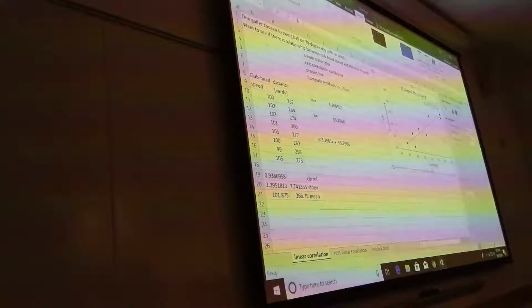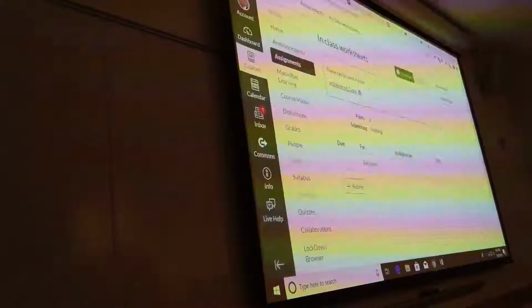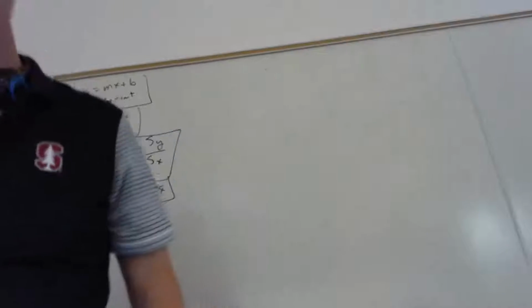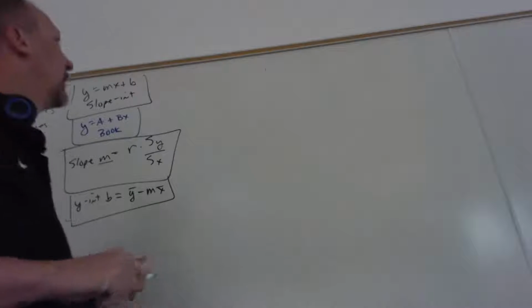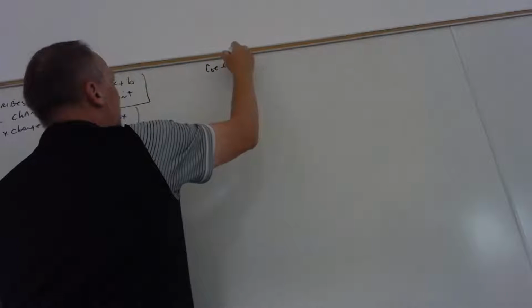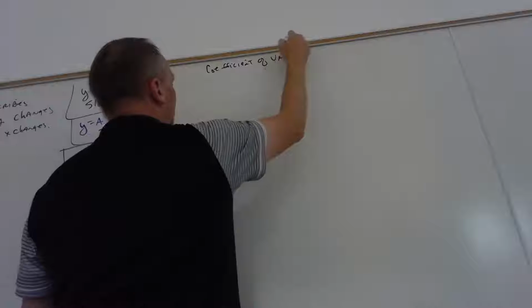Now, one of the things that we would like to know is how good... we refer to that equation as our model. We just modeled our data, and that's the model it fits, okay? And so one thing that we would like to know, in the book, they call it the coefficient of variation.